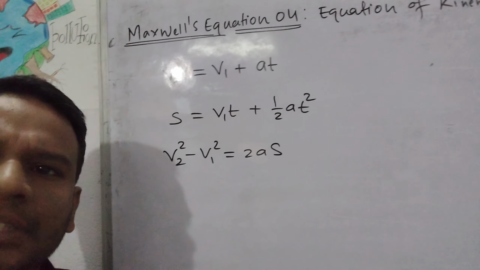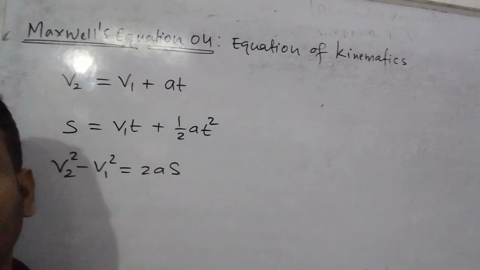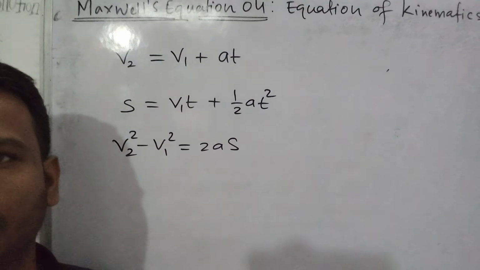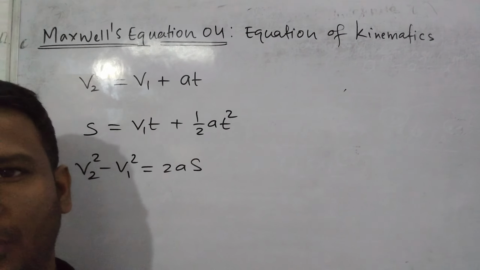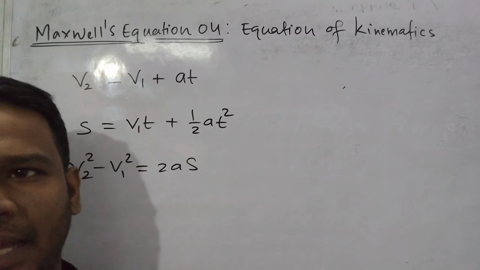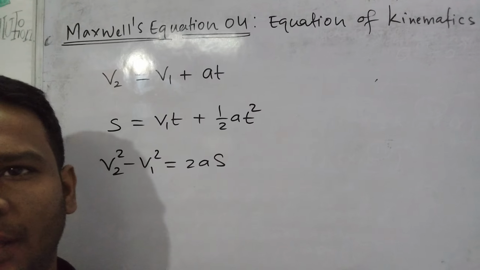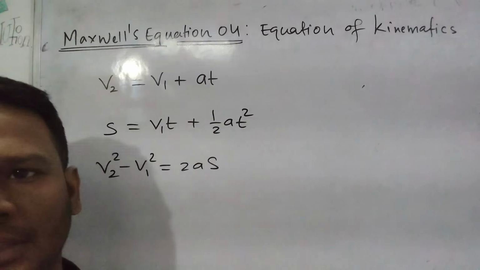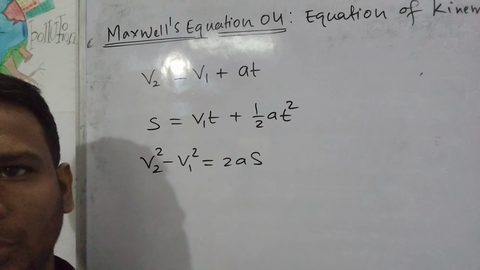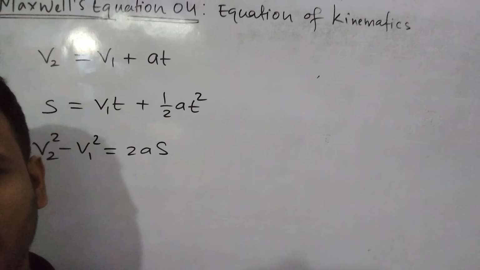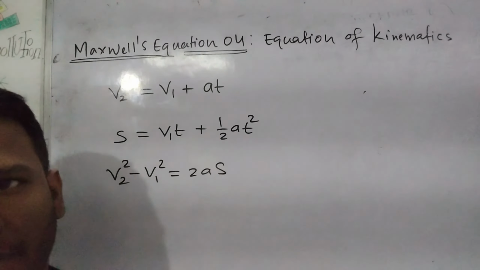These equations can be written in different notations. I wrote this equation in v1 v2 form, s as the displacement, a is the acceleration, t is the time as usual. So in the next few minutes I would derive these equations.